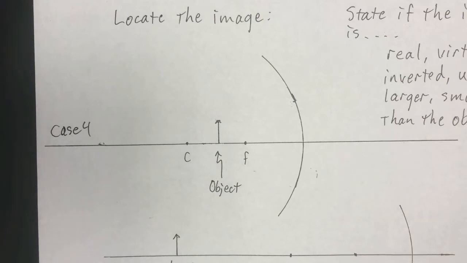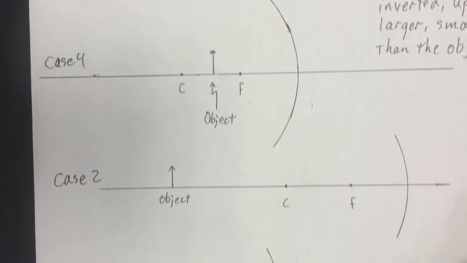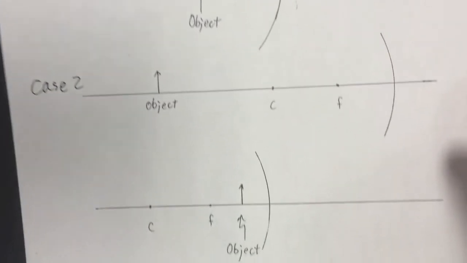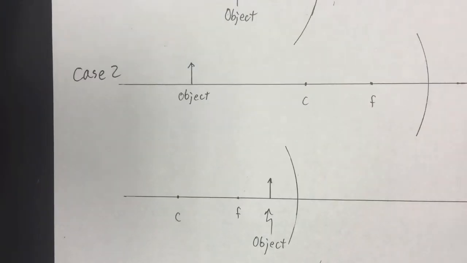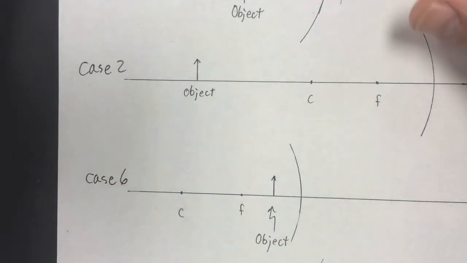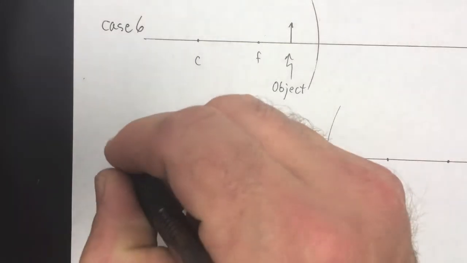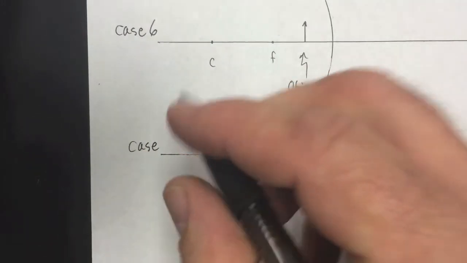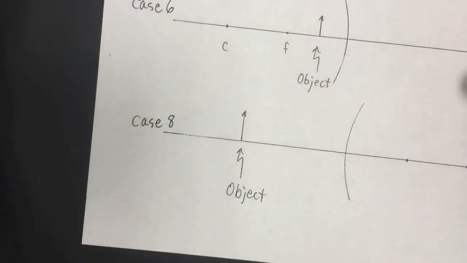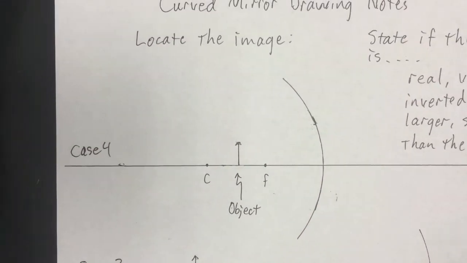The next one down is case 2, the one below that is case 6, and the bottom one is case 8. The first 3 are concave mirrors, and the bottom one is a convex mirror.